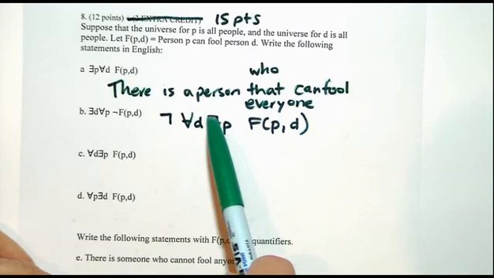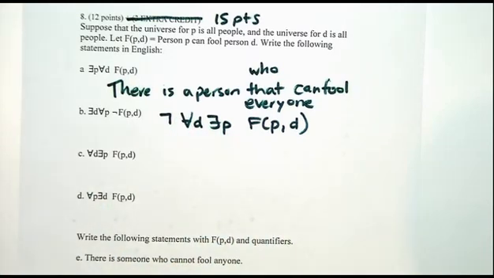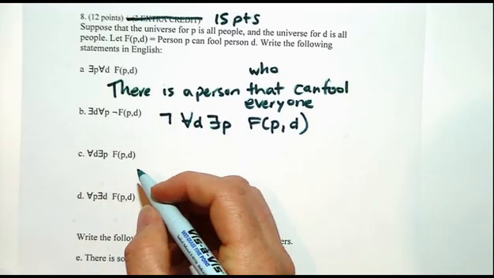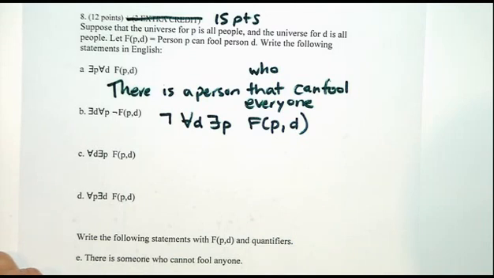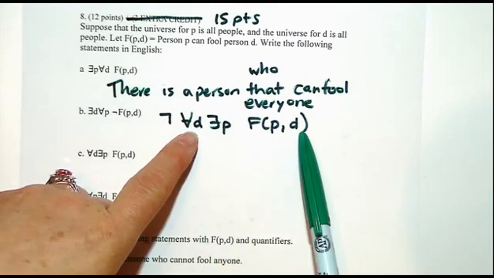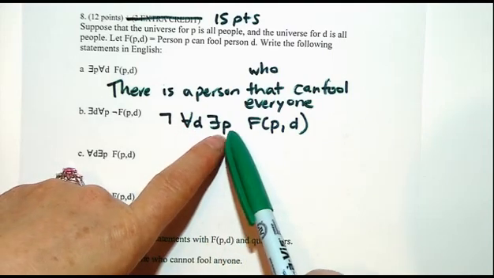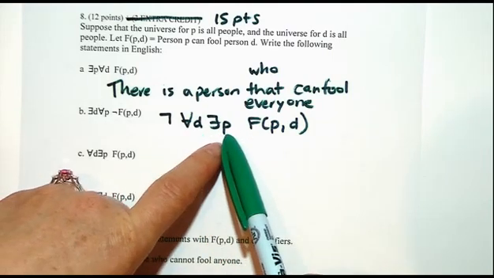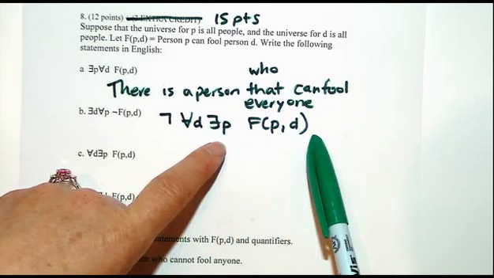The opposite of that is not everyone can fool someone. Oh, you're right. The D is first. So the D is the person getting fooled. Sorry, I made a mistake. So this is everyone is getting fooled, right? So for each person, I can find someone who can fool them, right?